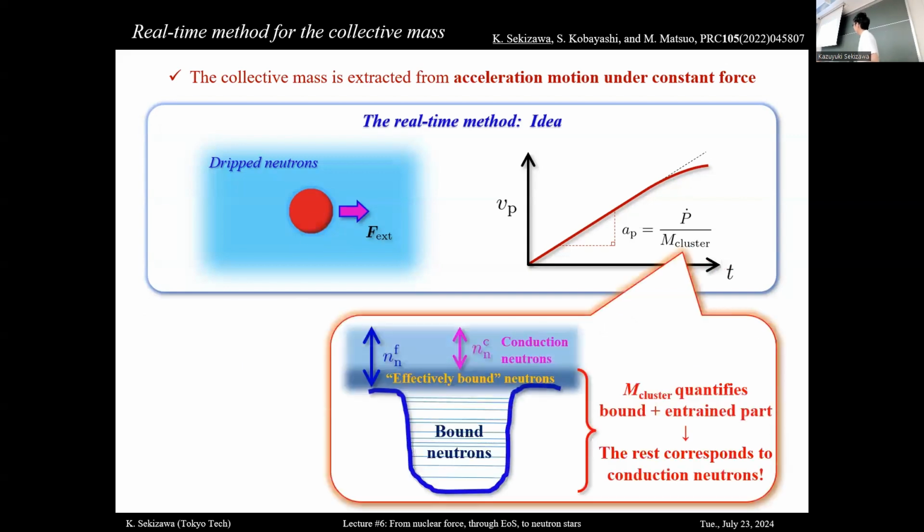Okay, I will skip this. It is related to the entrainment effect. This mass of the cluster quantifies the bound neutrons and entrained neutrons. So by analyzing the cluster mass, we can, on the other hand, access the conduction neutron number density. That was the idea. Using this kind of technique, we could quantify the entrainment effects in this slab phase of neutron star pasta.